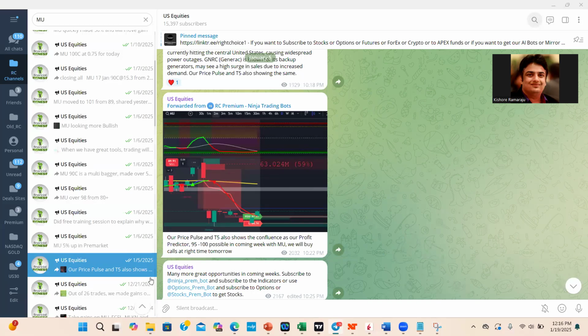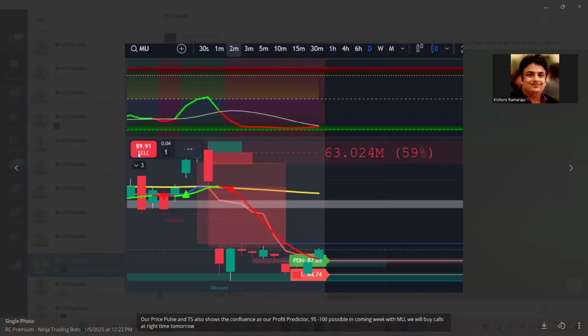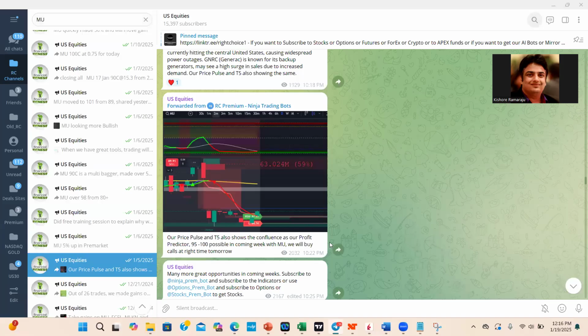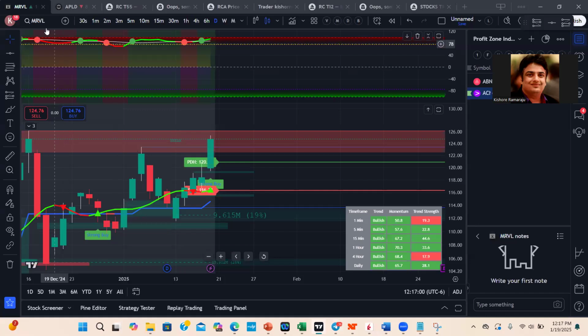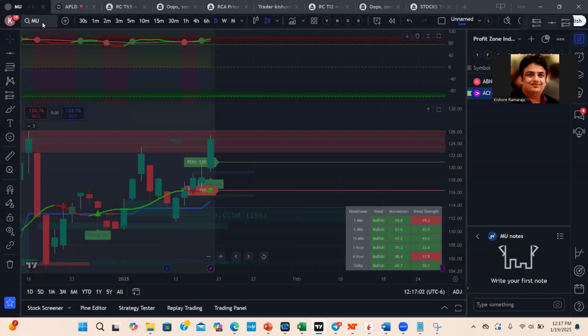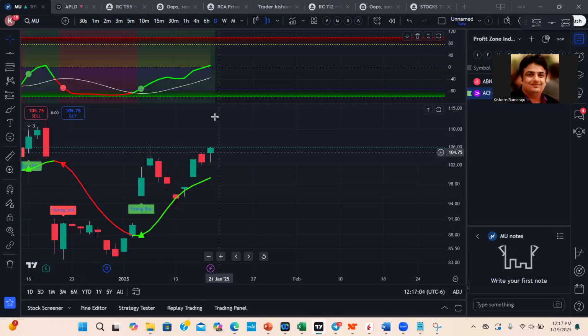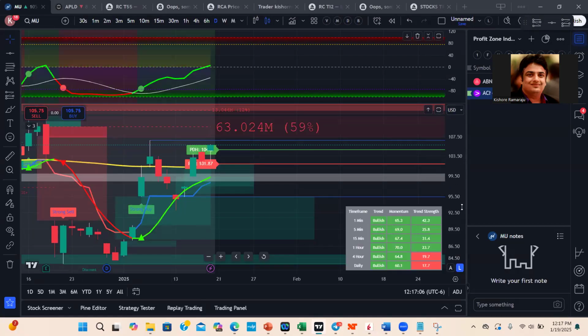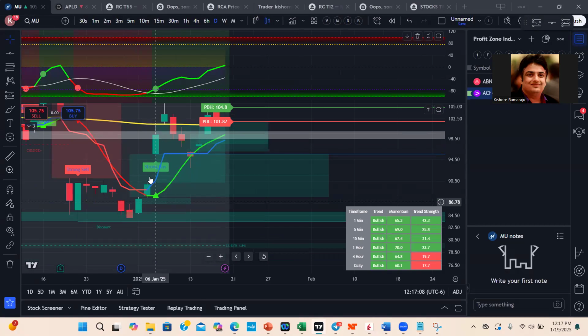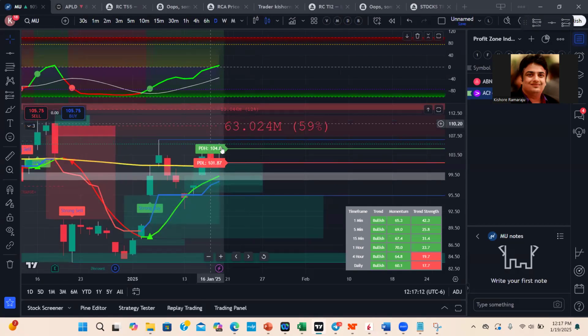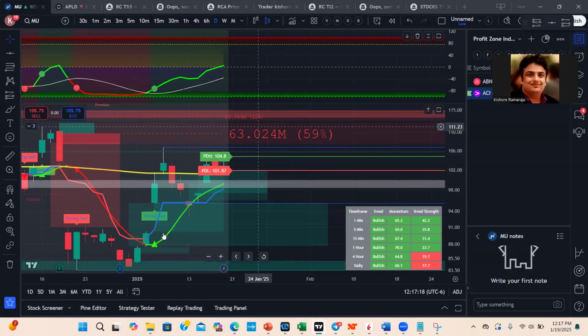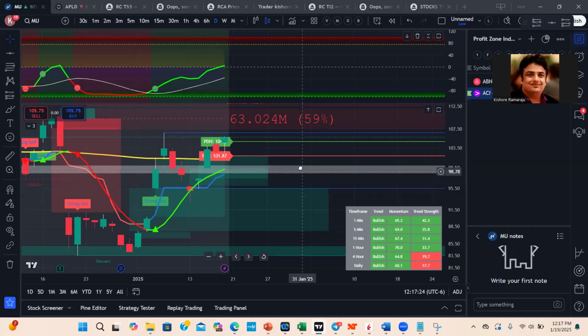So it was right on Jan 5th, it was approximately $89. So now if you go and check for Micron, it is over $105. So again, right, from Jan 4th, it went all the way to 105, 106. So from $89, it went to 105, nearly 20% gains.